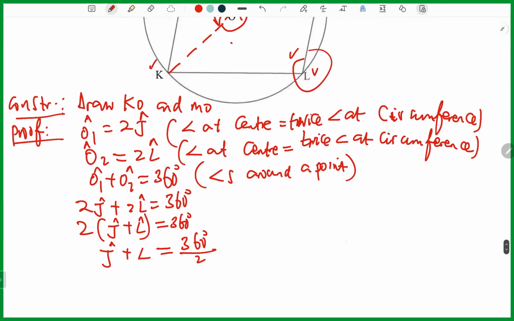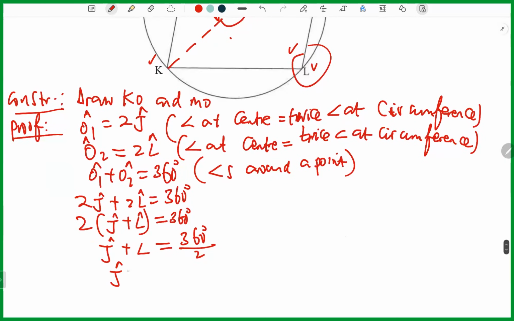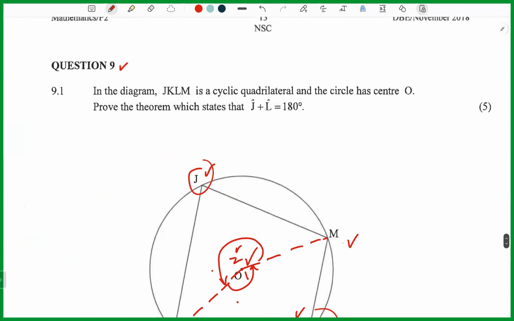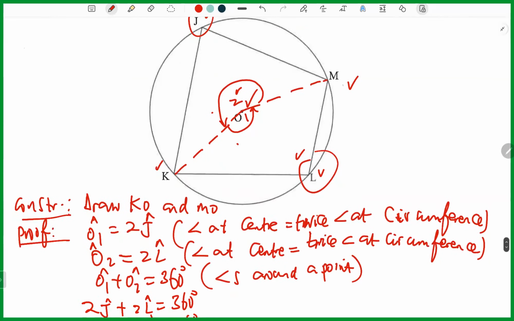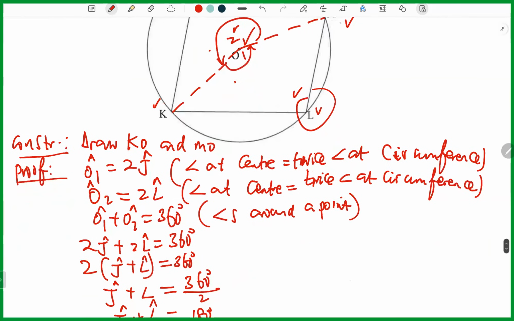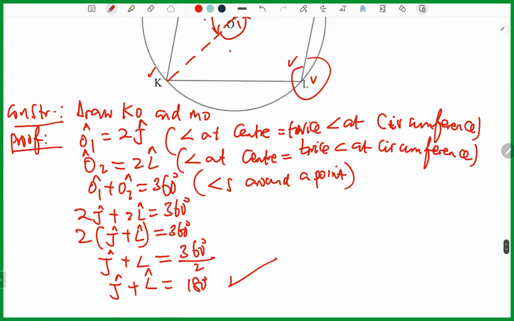Right, so divide by 2 both left and right. So angle J plus angle L, 360 divided by 2 is 180 degrees. And this is what had to be shown. All right, so we had to prove that angle J plus angle L is 180 degrees.